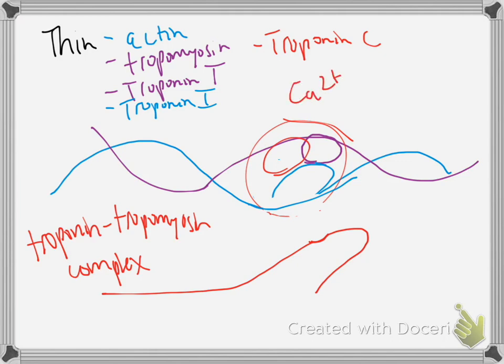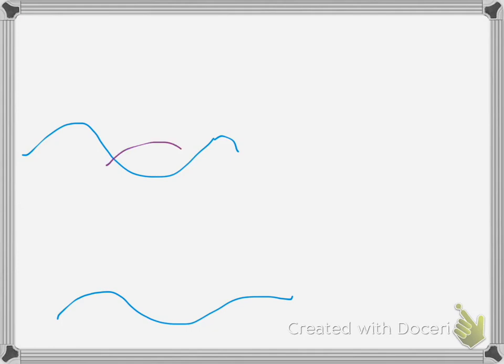Calcium is going to bind to troponin C, so I'll have it bind to this red part. So when calcium binds to troponin C, troponin I lets go of actin. So we have this unit down here. So let me draw it when it's blocked and then when it's open. So when it's blocked, I have my troponin tropomyosin complex on it with my 3 different parts.